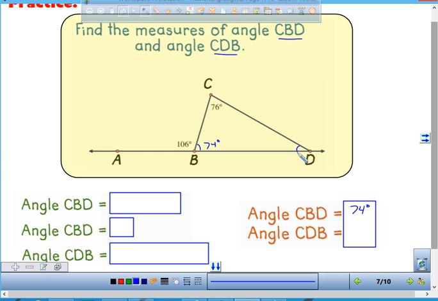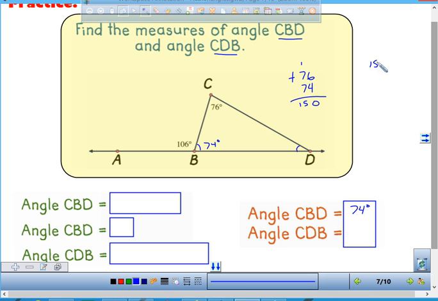How might we find that? We have a triangle, right? And I have two angles already given to me, and I know in a triangle there's 180 degrees. So I add 76 and 74 together, and that gives us 150.